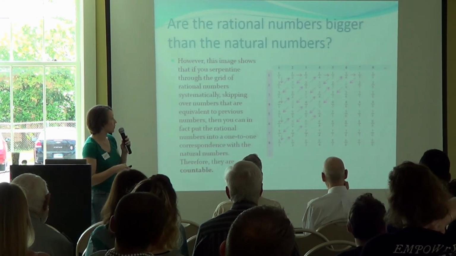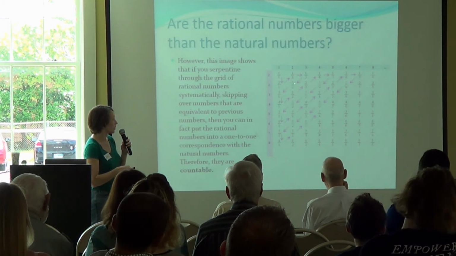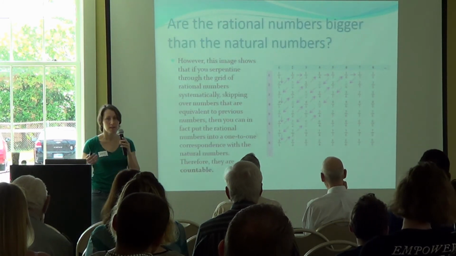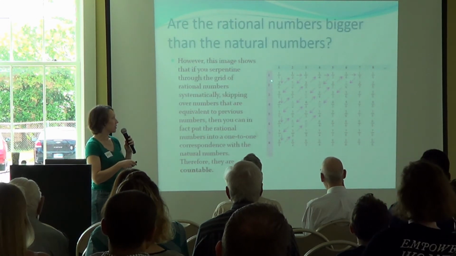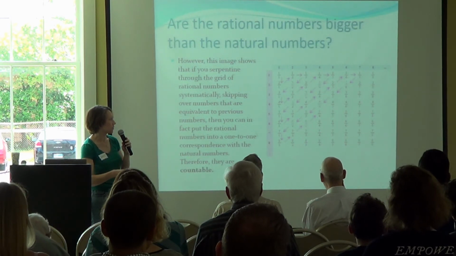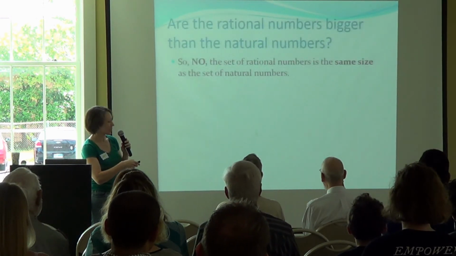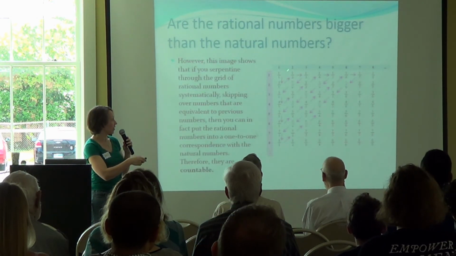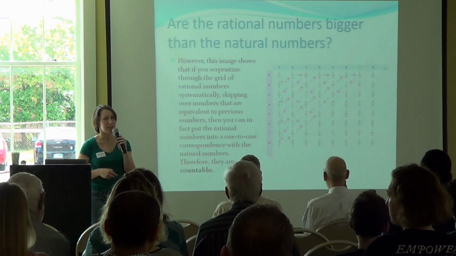You just have to skip over any number that's equal to something you've already used, like 2 over 2 is the same as 1 over 1. That would cancel out our one-to-one correspondence. But even so, if we skip over those, we're exhaustively mapping one-to-one with our little serpentine track between the rational numbers and the natural numbers.